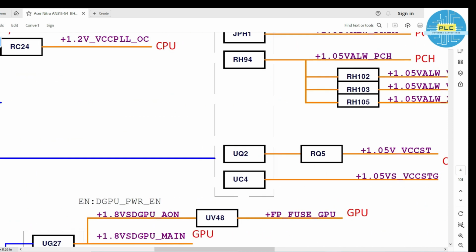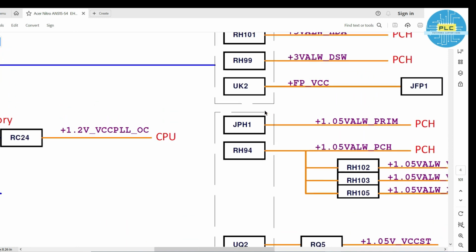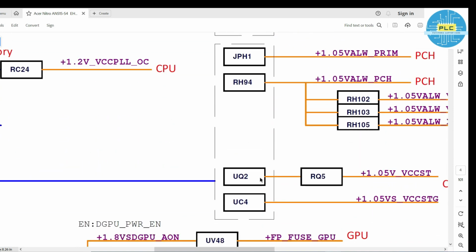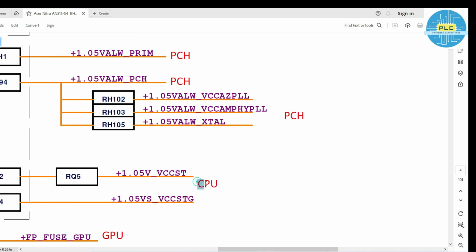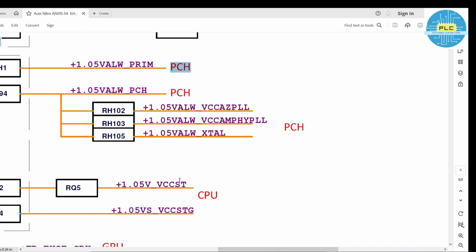Again that voltage is given to multiple circuits, and those particular circuits complete through these circuits, and it is given to this particular RQ5, and the final result is VCC ST. This voltage is the final voltage given to the CPU. This one is to the PCH and this one is to the CPU.